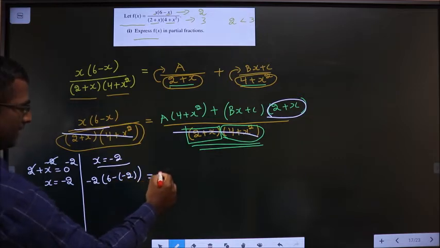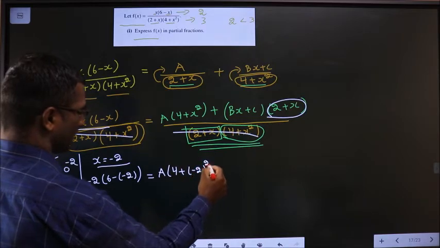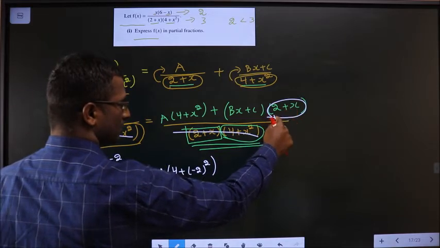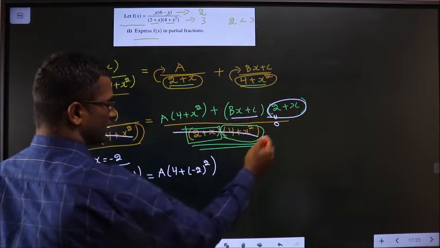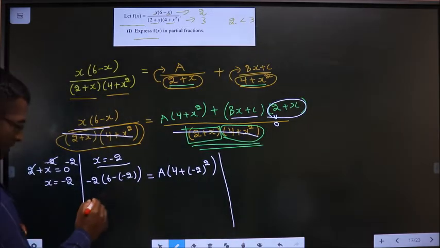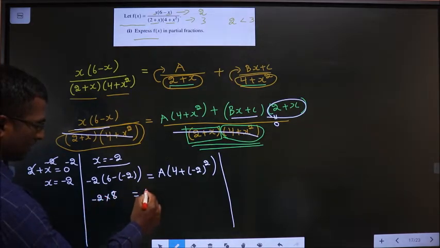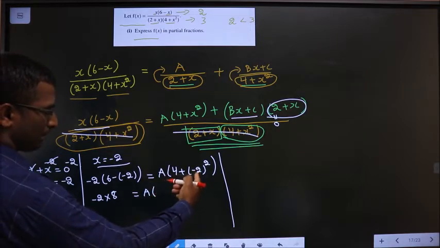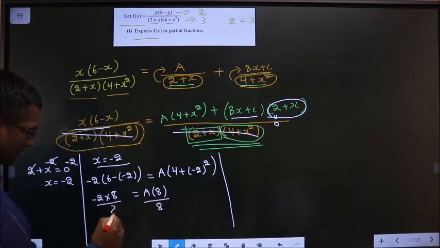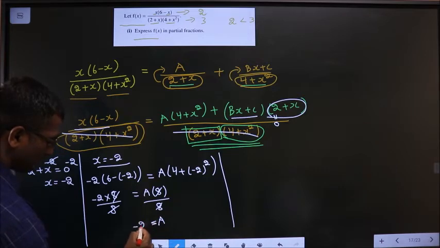Okay, and on this side, a brackets 4 plus minus 2 whole square. Here you see, when x is minus 2, this is 0. 0 into the entire thing is 0, so I am not writing that. Okay, next. So here it is minus 2 times 6 plus 2, 8. And on this side, 4 plus 4 is 8. Now divide by 8 on both sides. So you get a equal to minus 2.